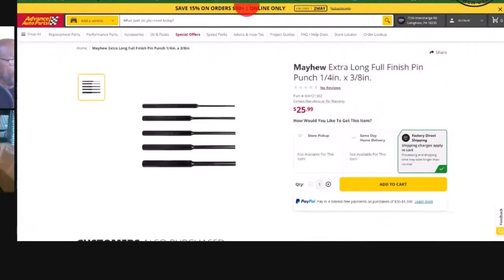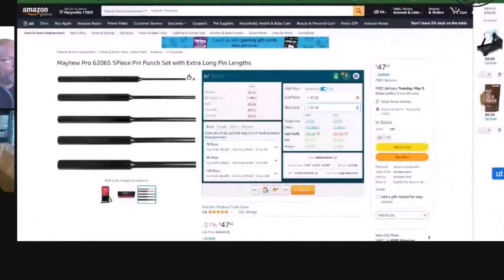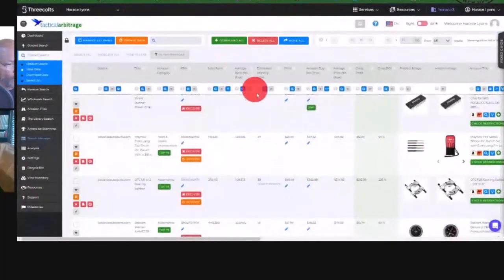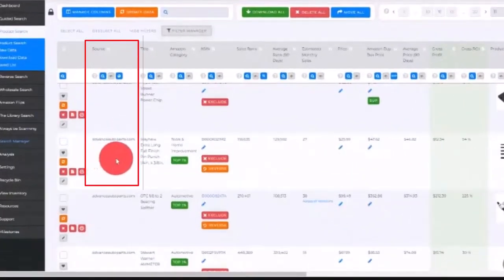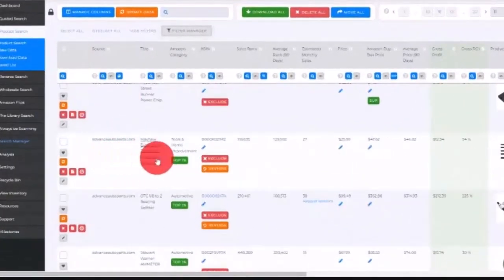Now again, how did I find this product? Well, I found it with the software Tactical Arbitrage. Now, I knew what I was doing. This was a search at Advanced Auto Parts. Again, what are we looking at?